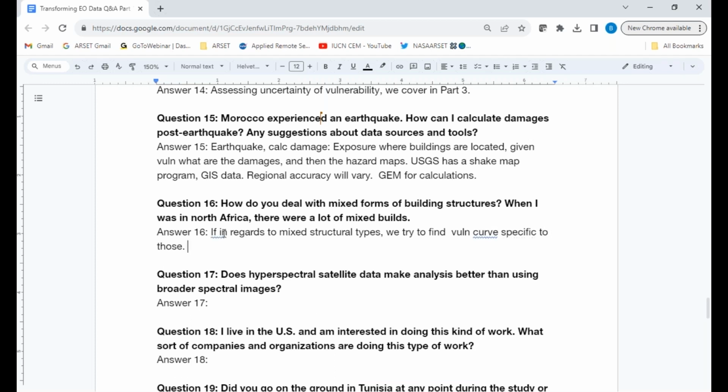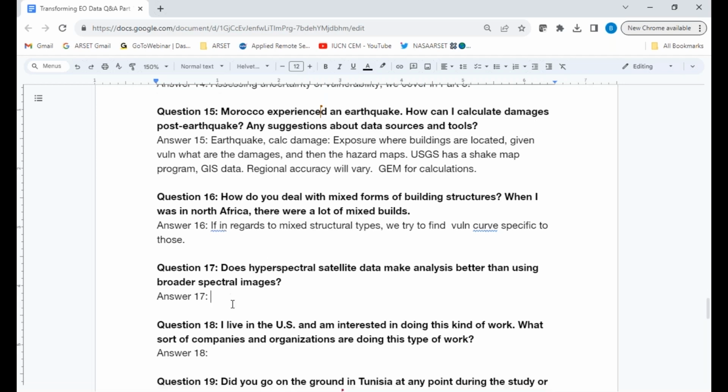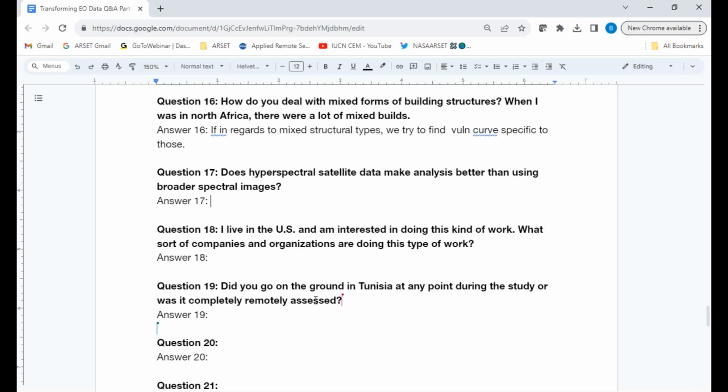If he or she is talking in regards to two separate structural systems, we will take the primary lateral force resisting system as the one we model for our mapping scheme. Hopefully that's what he means by mixed.